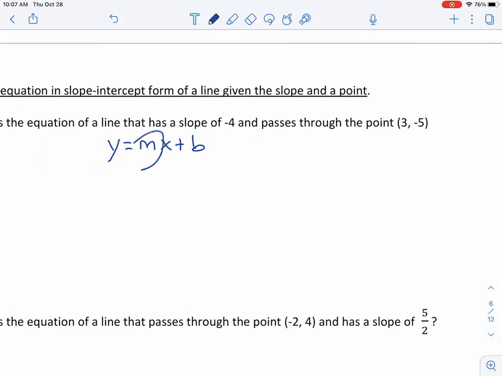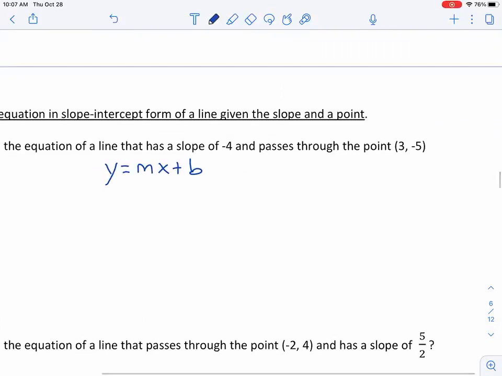So we already know this part, but it does not tell us the b value. The whole concept is we've got to figure out what b is. To do that, we plug -4 into m. Then we plug the point, the 3 in for x and the -5 in for y, and that'll help us solve for b.